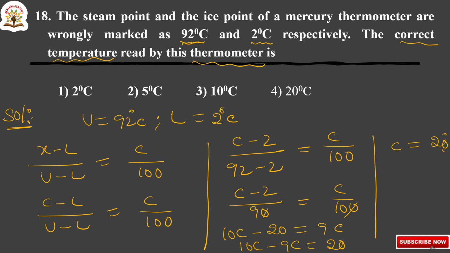So the correct temperature measured by this thermometer is 20 degree centigrade. Therefore the final answer is, the correct temperature C is equal to 20 degree centigrade. This is the final answer. Okay, next we will go to the next question.